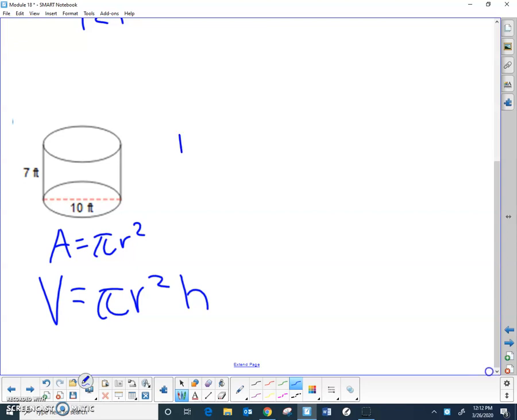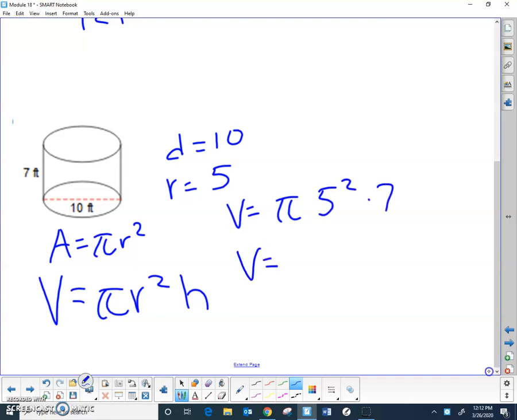In this case we have our diameter, which is 10, so our radius is that divided by 2, which is 5. So we're going to take pi times our radius squared times our height, which is 7. Pop that into your calculator, and you get 549.5 cubic feet.